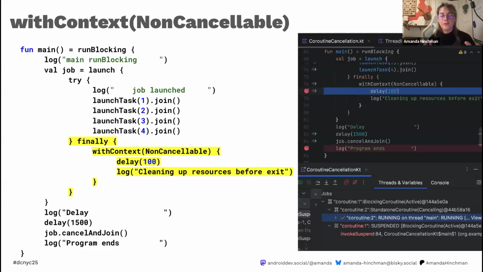For CPU intensive coroutines or operations, you would use the Default dispatcher. If you need to switch between the two, I would use withContext. Let's say you have a bunch of computational work and then a network call or database call at the end. I would use withContext to switch.